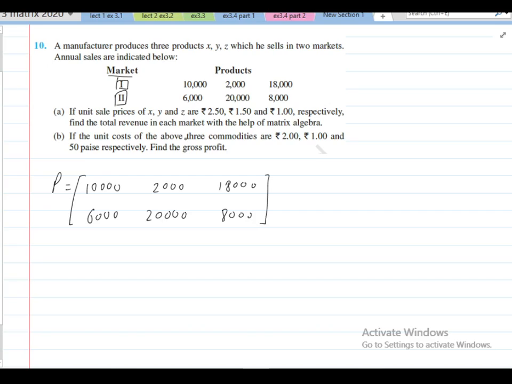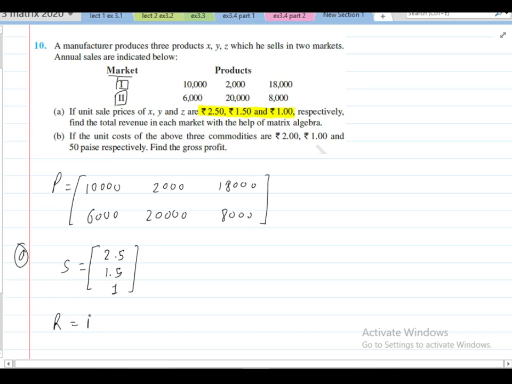Now, for first option, if unit sell price of X, Y, and Z is 2.5, 1.5 and 1, so we can say selling price will be 2.5, 1.5 and 1 rupees. Okay. Then we just have to find total revenue.